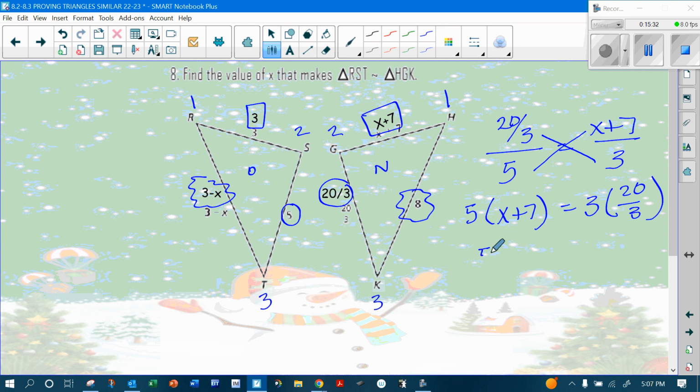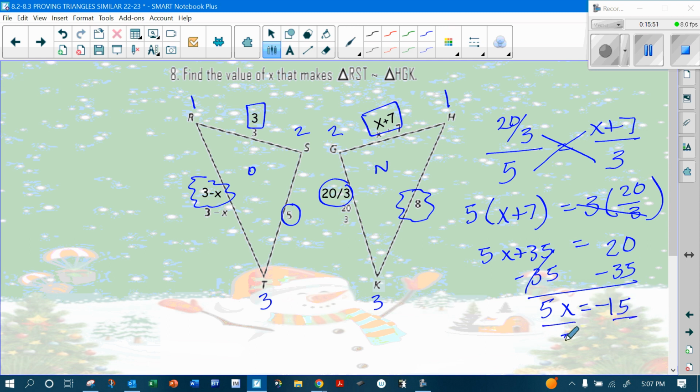So now distribute 5x plus 35 equals, these 3's are going to cancel out, 20. So subtract your 35. So we get 5x equals negative 15. Divide both sides by 5. X is negative 3.